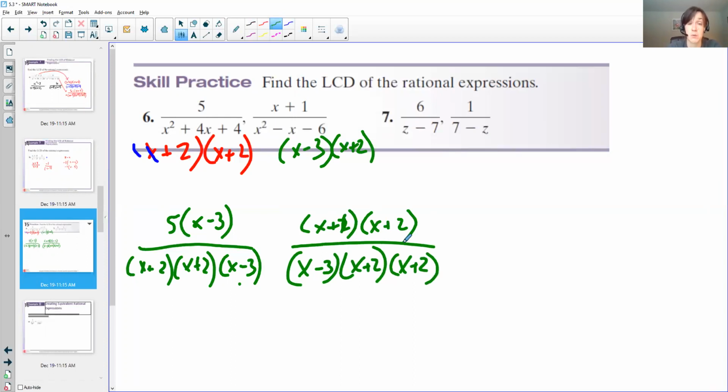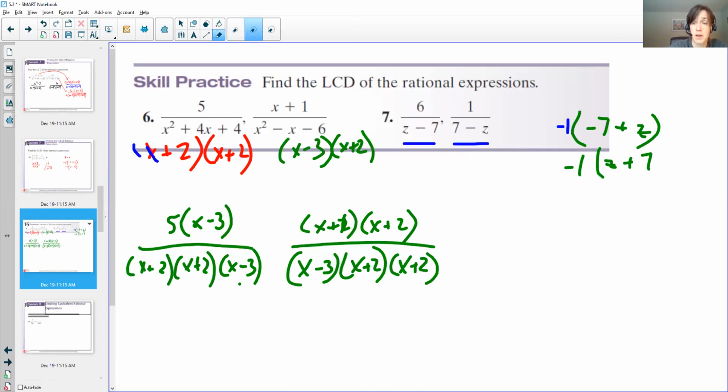All right, look at the second one. So you can see there's that mismatch right here. I'm pointing at my screen like you can see that. They're just opposite signs, right? So I'm going to pull a -1 out of the second one. If I pull a -1 out of z minus 7, it becomes -7 plus z, which then becomes z minus 7, sorry.